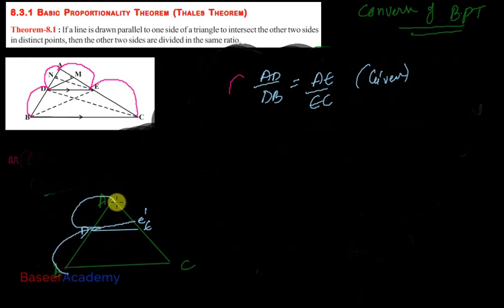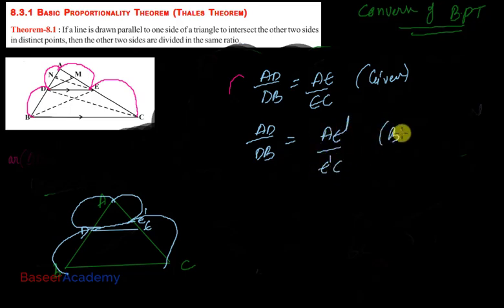AD by DB will be equal to AE dash by E dash C by the BPT theorem, right? The ratio of sides should be equal. So AD by DB should be equal to AE dash by E dash C by the basic proportionality theorem.